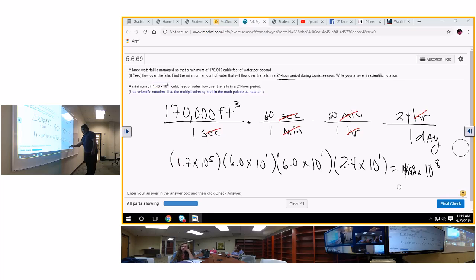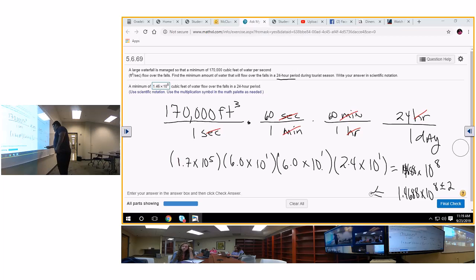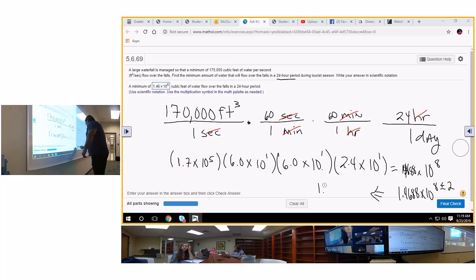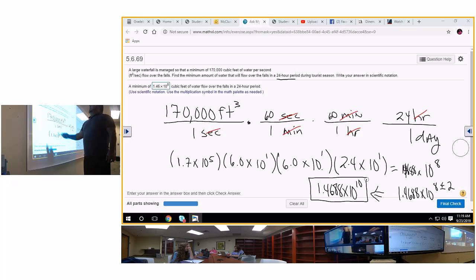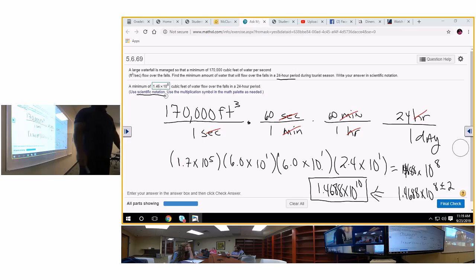So that'd be 1.4688 times 10 to the 8 plus 2, so that's going to give us 1.4688 times 10 to the 10th power. And they say they want it in scientific notation. So that should be the answer.